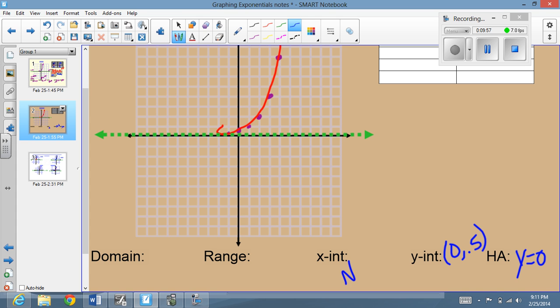Our x-intercept, once again, there's none because of our asymptote. Our domain, once again, goes from negative infinity up to positive infinity because we do go left and right every value. We go way down here, we go way up here. The range, once again, is from 0 up to infinity.